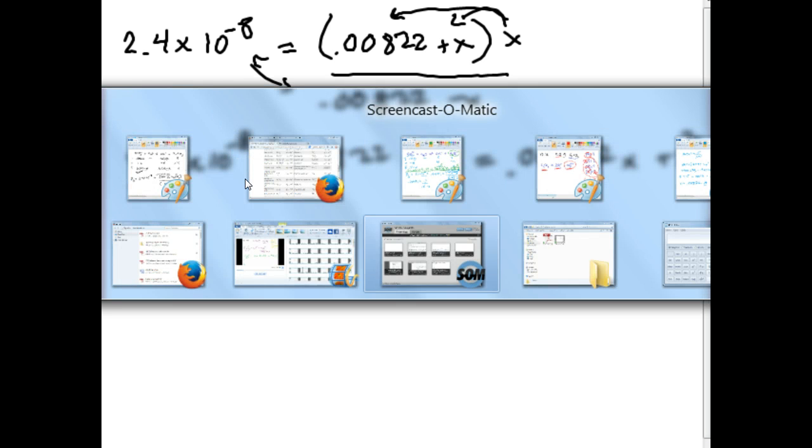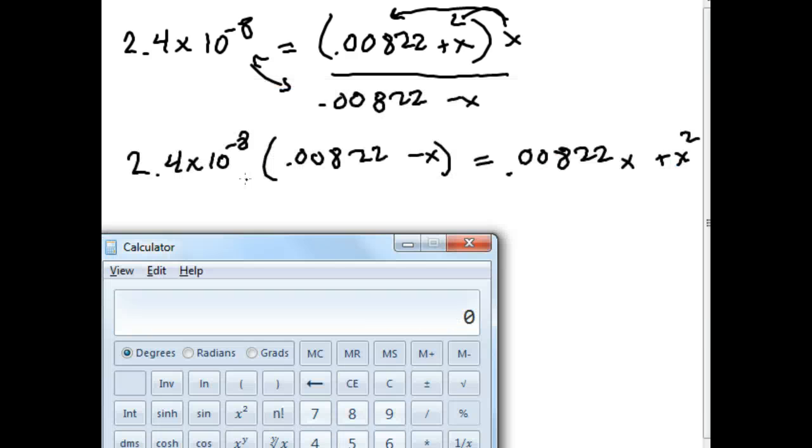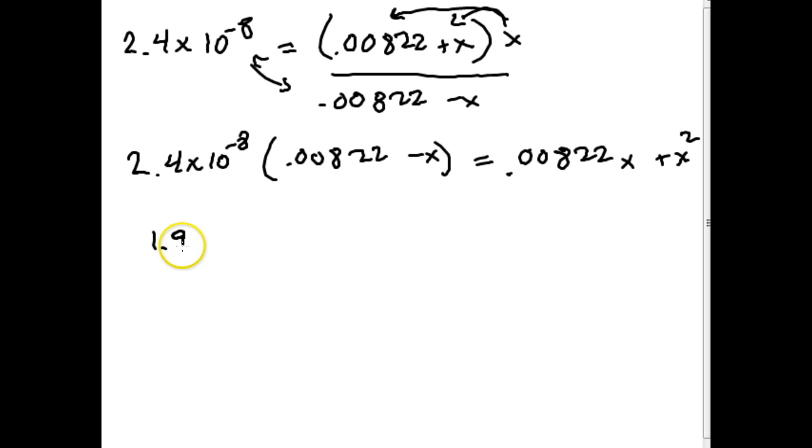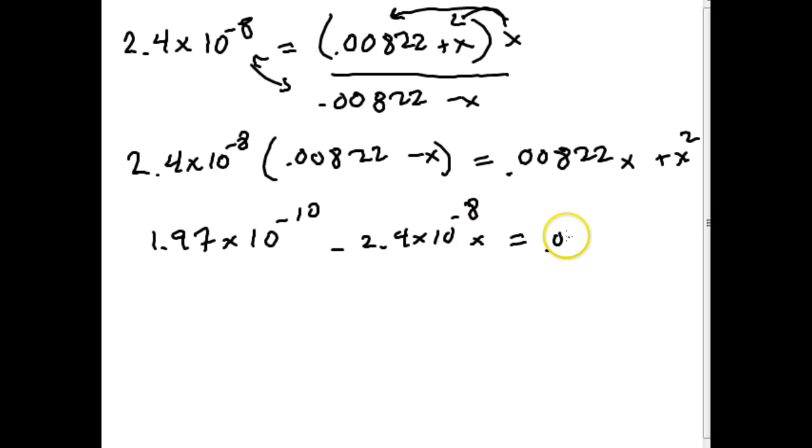Okay. Calculator. 2.4 times 10 to the minus 8 times 0.00822 gives 1.97 times 10 to the minus 10. Okay. 1.97 times 10 to the minus 10 minus 2.4 times 10 to the minus 8x equals 0.00822x plus x squared.